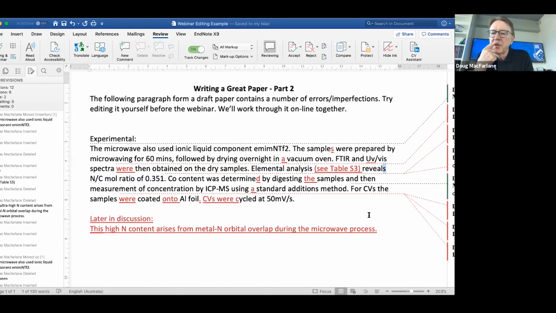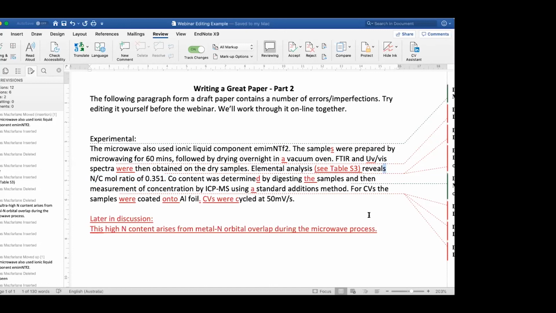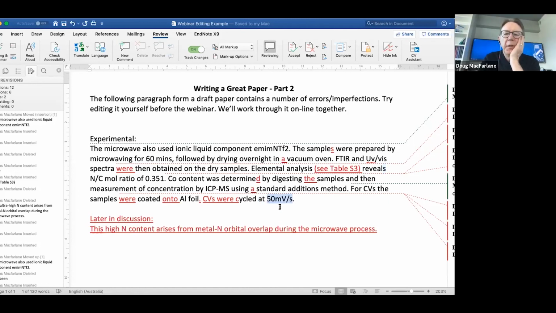Go on, was there something else picked up? So also there should be a space between numbers and their units. For example, they're cycled at 50 millivolt per second. So there should be a space in there. Gotcha, yep. So quite right.